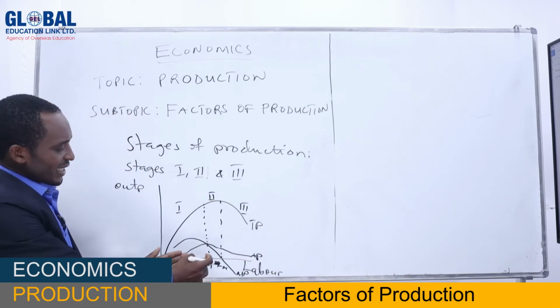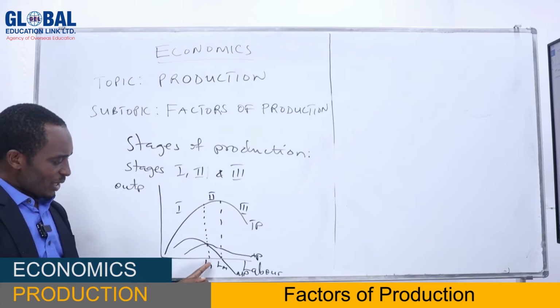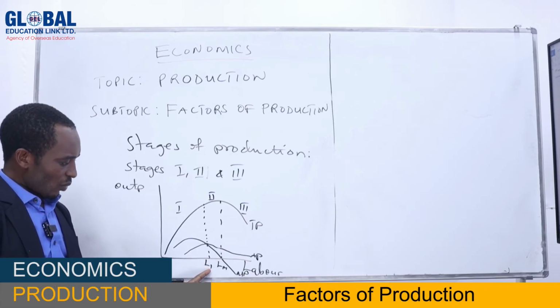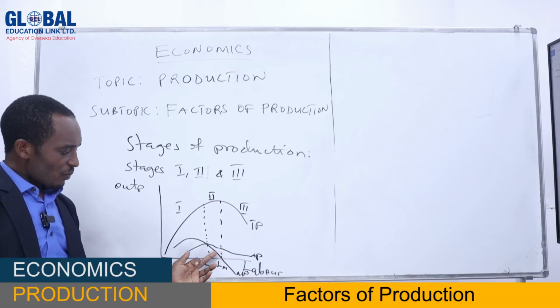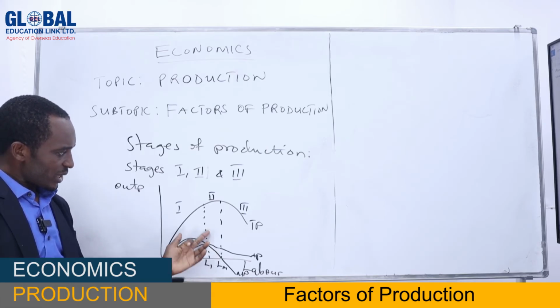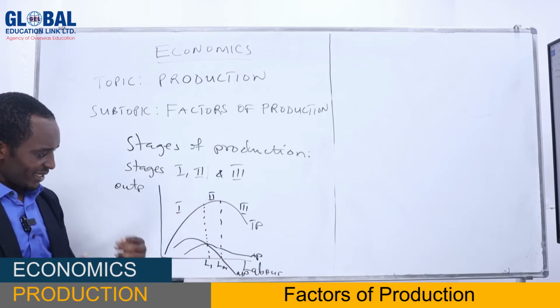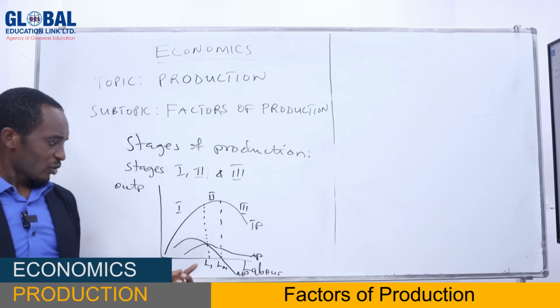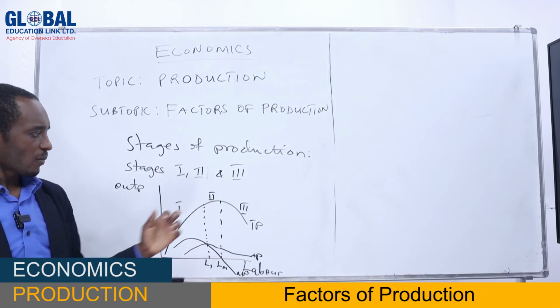So at stage 2, you can see that as I employ more units of labor from L1 to LM, the marginal product is increasing, but at a decreasing rate, which leads to an increase in total product. In this stage, it is feasible to employ more units of labor from L1 to LM since it adds to total product.